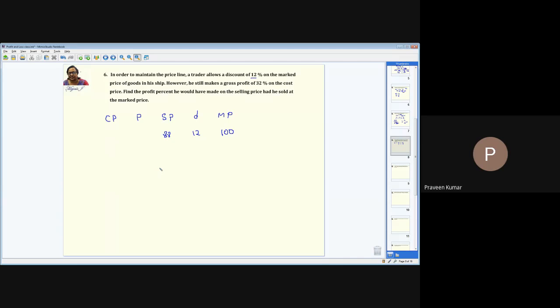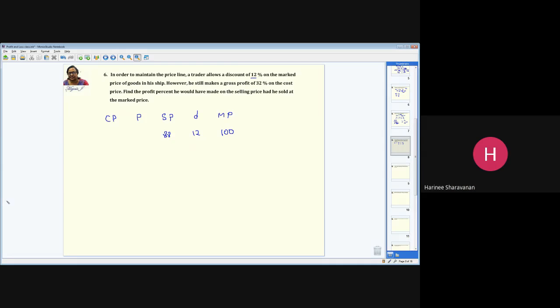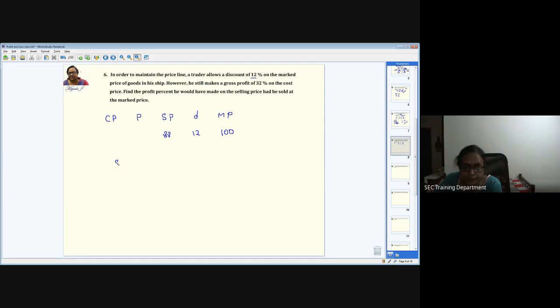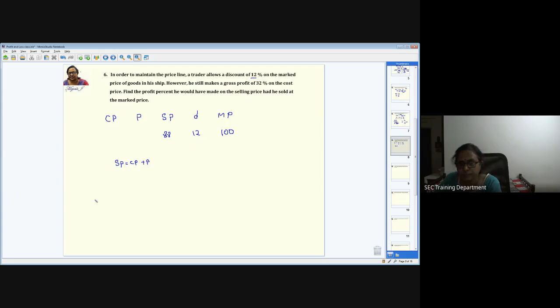Now what is given is he still makes a profit of 32%. So how do you calculate this? Selling price minus profit is equal to cost price, or cost price plus profit is equal to selling price. Yesterday we did this.